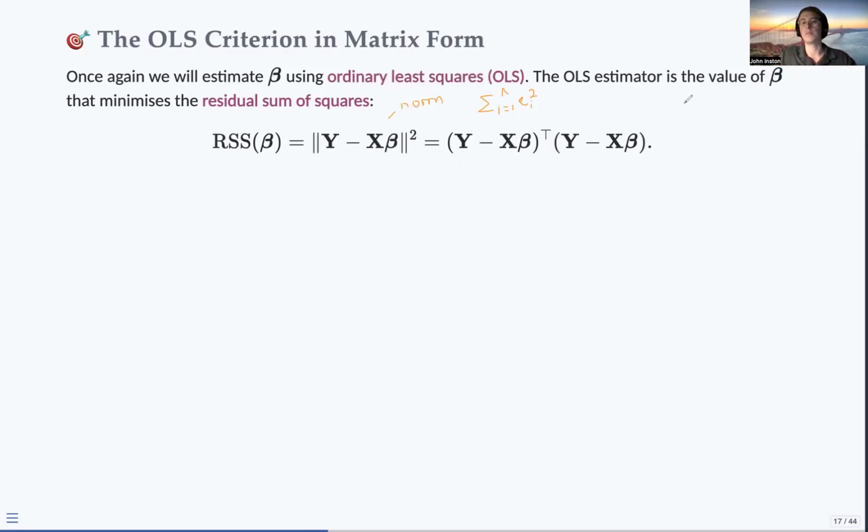If I was to write it out for some vector, I can't do bold font, so I'll do it in terms of this. This is equal to the square root of this sum of the squared elements, which is the same as the sum of squares to the power of a half, because it's the square root. This is some really good trackpad handwriting, however it is taking a long time.